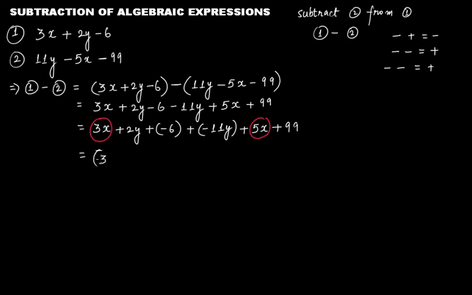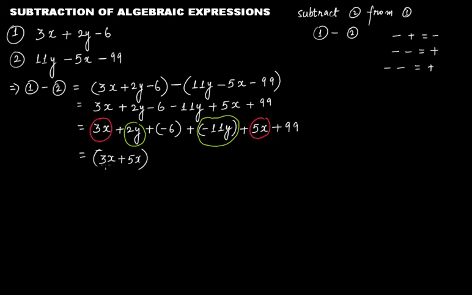Then 2y and minus 11y are two like terms, so add them together. You can see the importance of putting the negative term within a bracket. You don't have to think of whether the outside of the bracket is plus or what. You simply now have to add.